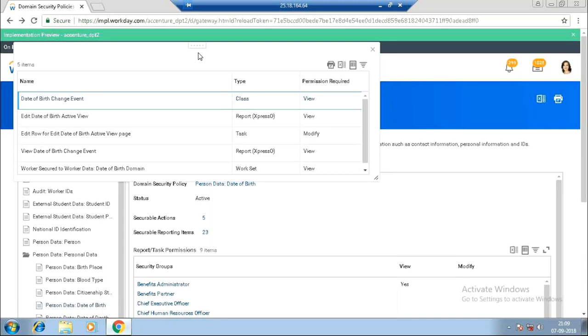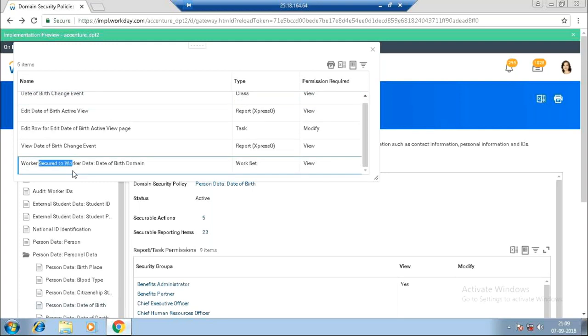It's more of the technical terminology, but it's about the complete level of date of birth, everything, or anything which happens can be done either as a view or as a modify. If it is just going to the secure worker's profile page, what can be done or what cannot be done. These are the terminologies taken up by Workday for how they restrict access to a particular security group or to a particular action or task.